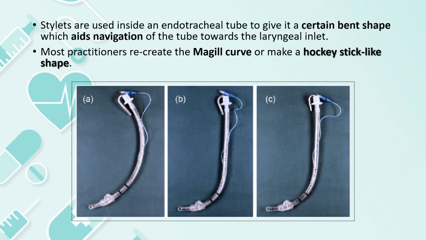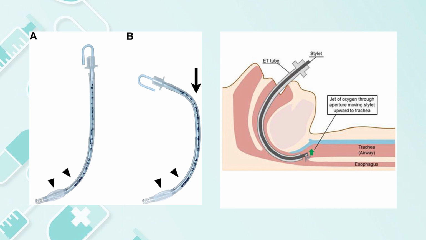We shape the intubating stylet into two main shapes, either the McGill curved shape or the hockey stick shape. This is according to the indication that we are using the stylet for. In this picture, figure A is the hockey stick configuration and figure B is the McGill curve configuration.